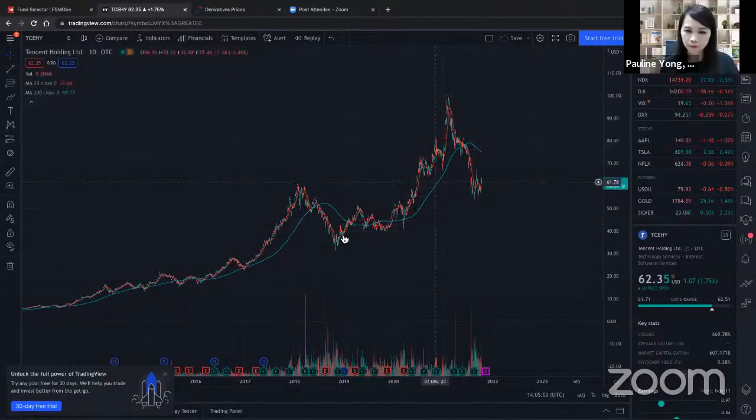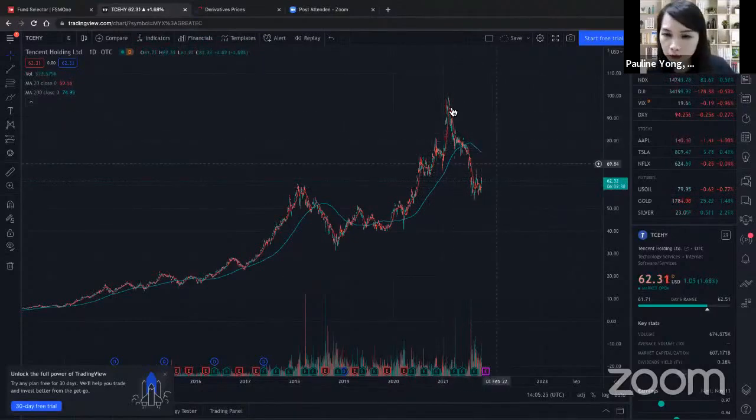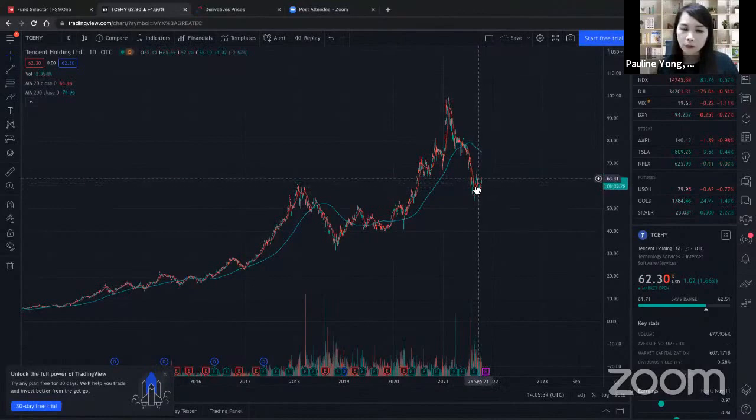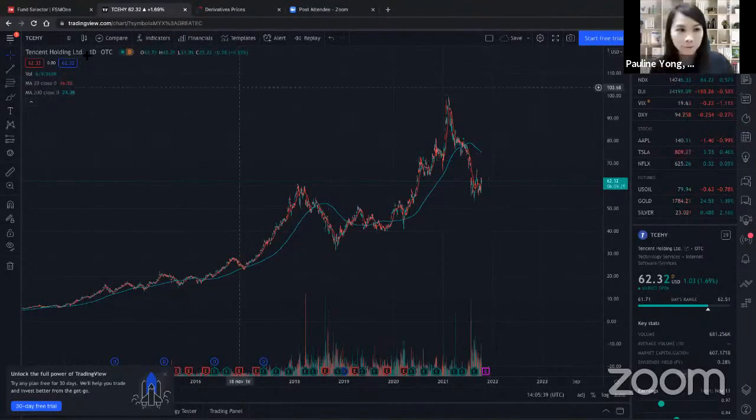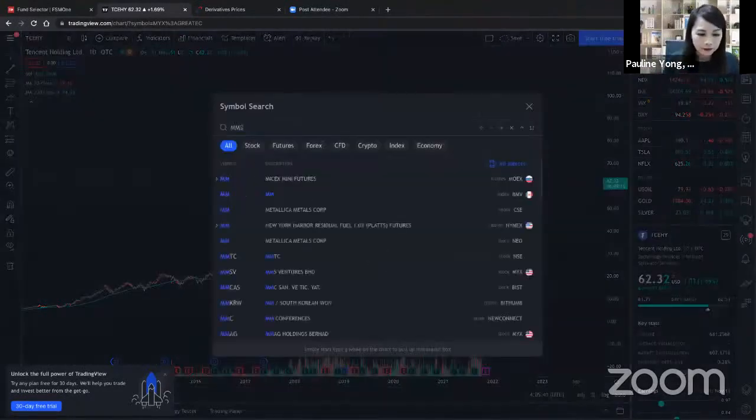So maybe we start from here, okay? So 1, 2, 3, 4, okay? And then 5 extended. And then A, B, C. Now the C is actually below here. So here we are looking at the beginning of a downtrend. So this downtrend will be 1, 2, 3, 4. So this is wave number 4. So you are at wave number 4 here. Okay, so same as Alibaba. Tencent is the same as Alibaba. MMSV. Okay, MMSV.